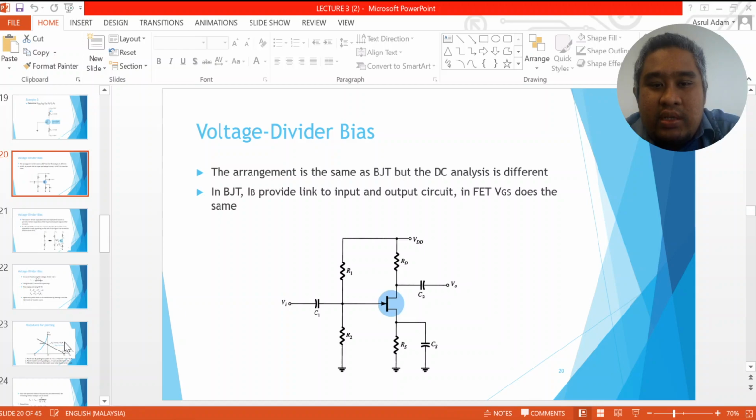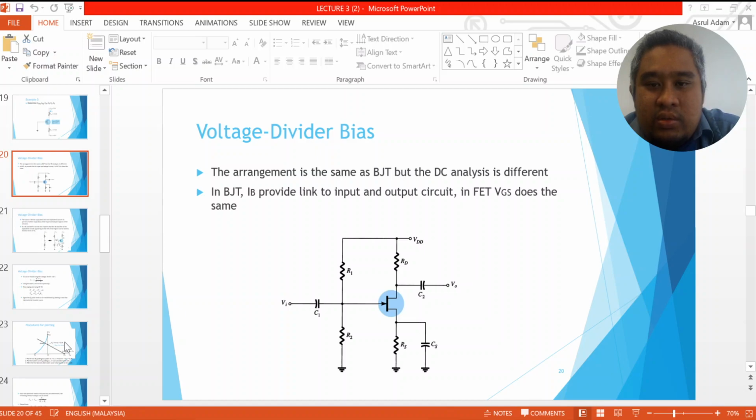As you can see in the slide, the circuit arrangement for the JFET is actually the same as the BJT. They have R1 and R2 at the left side, and also RD at the drain, RS at the source, and three capacitors C1, C2 and C3.